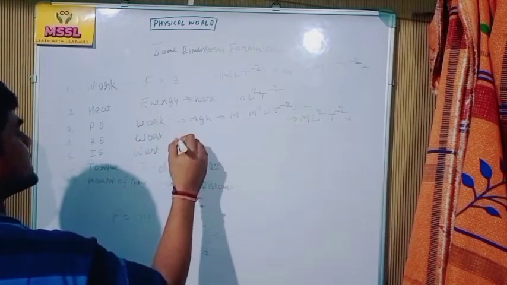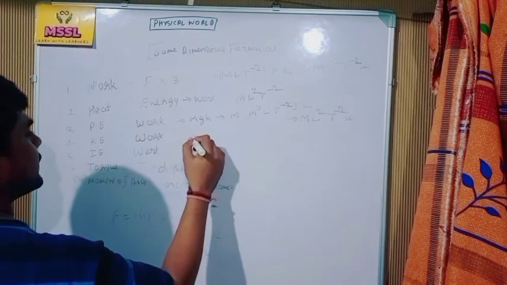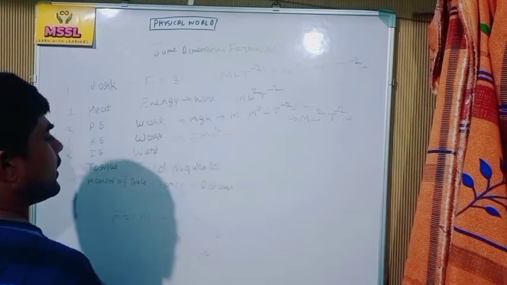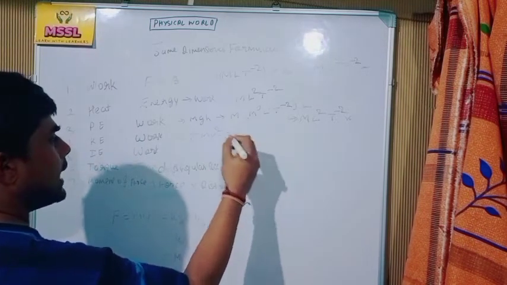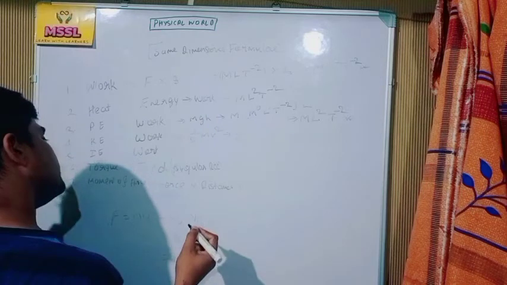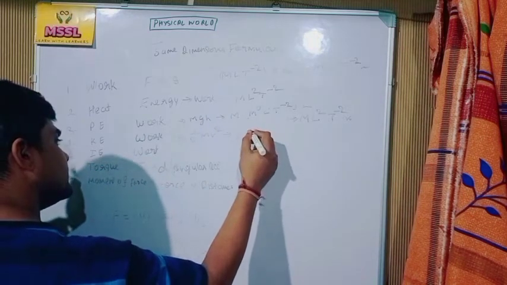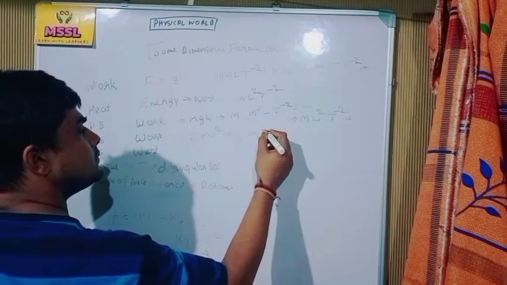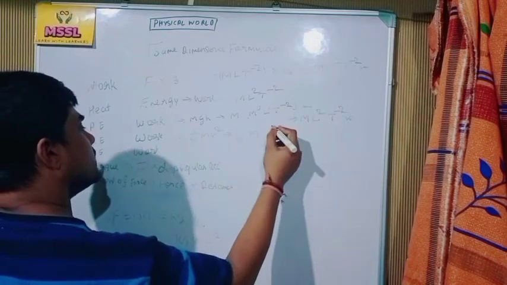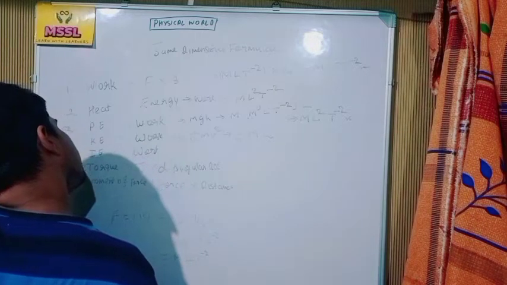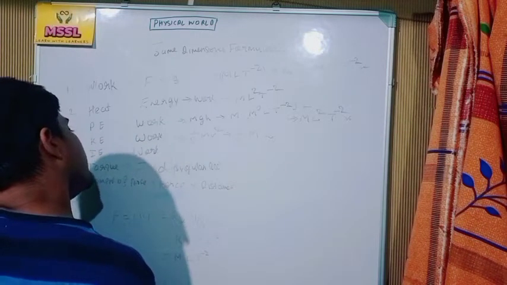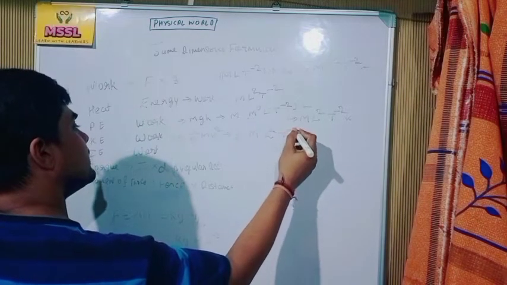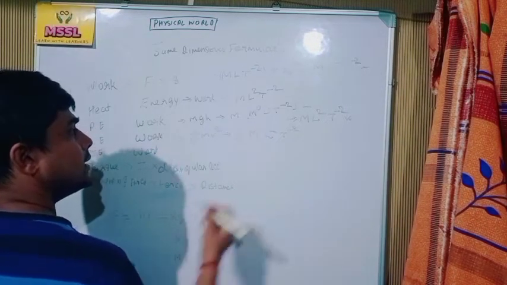Similarly, we can see for the kinetic energy, which you know is half m v square. Okay. So for m we can write M. For L, what is L? L you can write as 1. Think, quick. L is also square, and T minus 2, right?